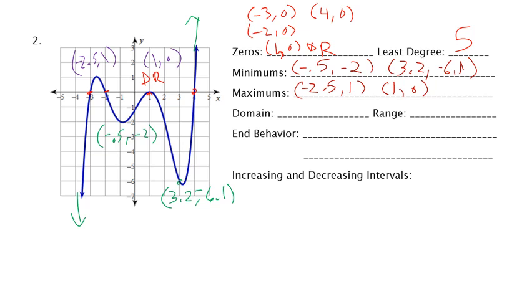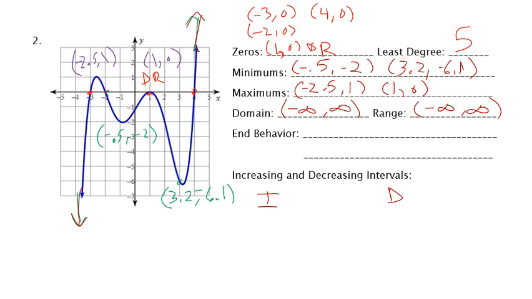For our domain, it's a polynomial, so it's all real numbers. And our range, it actually goes off the grid in both directions, so it's also all real numbers. For the intervals, I'm going to write that, and then we'll come back to the end behavior. So the intervals for increasing and for decreasing.